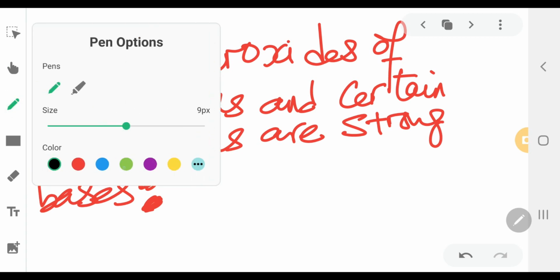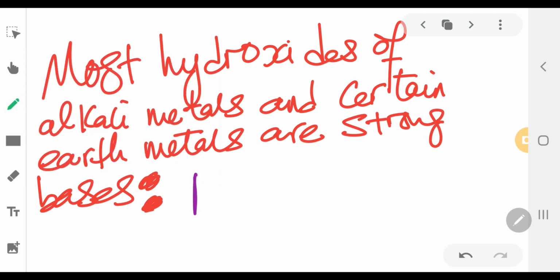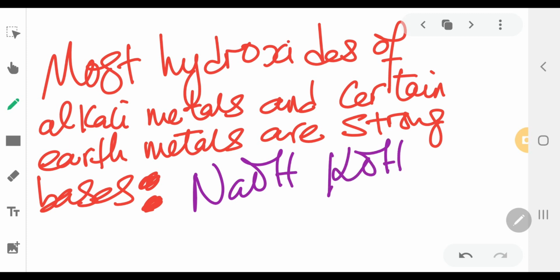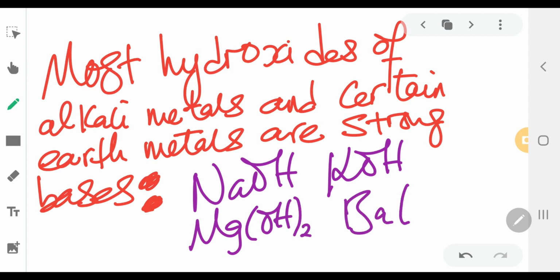So we have looked at all the examples. We have NaOH, KOH, Mg(OH)2, and we also have Ba(OH)2. So these are the examples of strong bases that you can find.